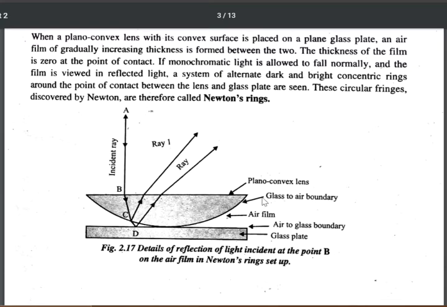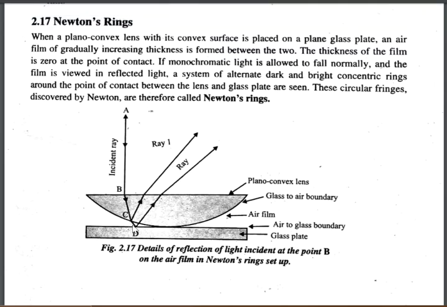This is a glass to air boundary, and this is an air to glass boundary, and this is the incident ray. Say AB is the incident ray, BC is the refracted ray inside the plano-convex lens, CD is the emergent ray into the film.